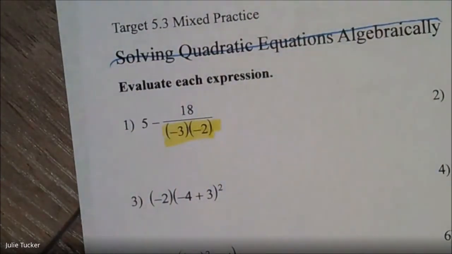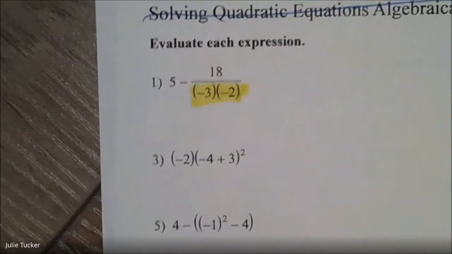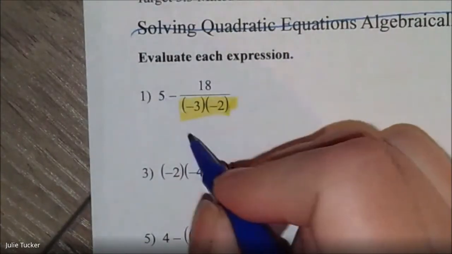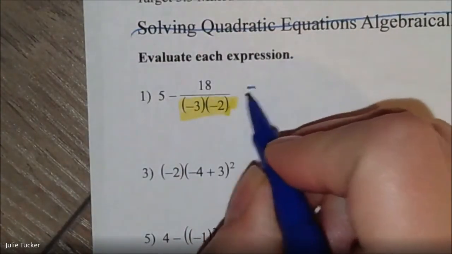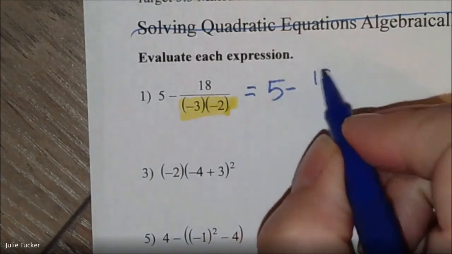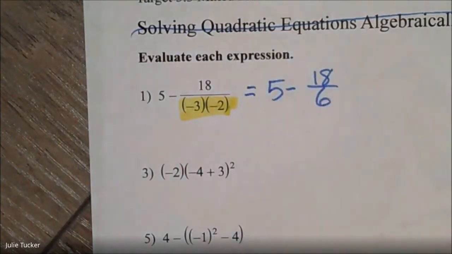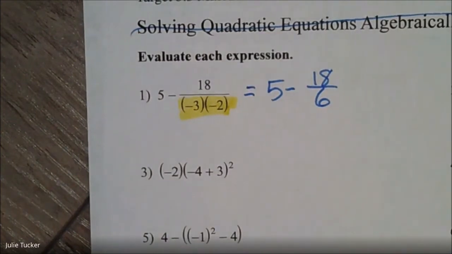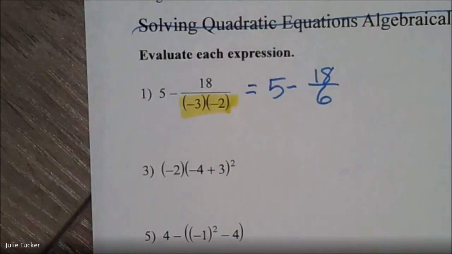So what is -3 times -2? Yeah. Good. So we're going to write everything else, okay? So this is going to be 5 minus 18 over 6. So now we've taken care of the part of the fraction, right? Now what do we do?